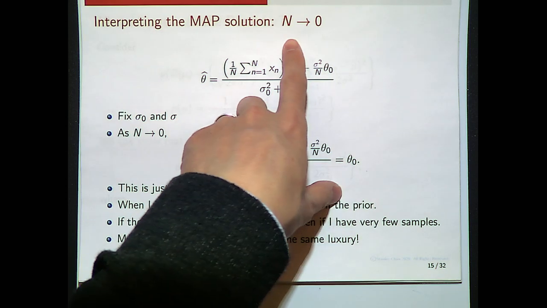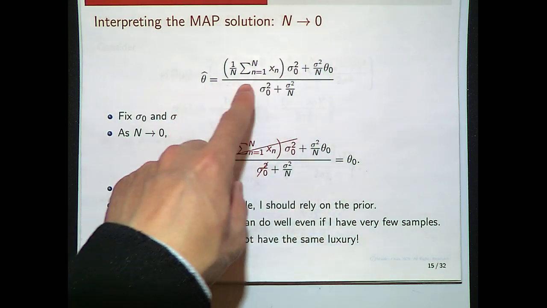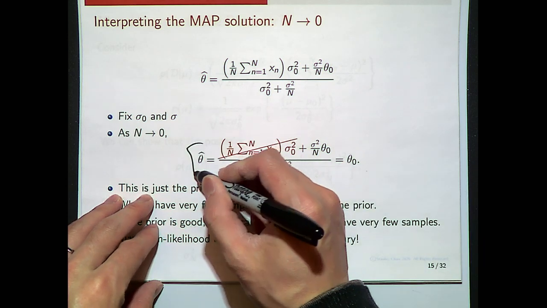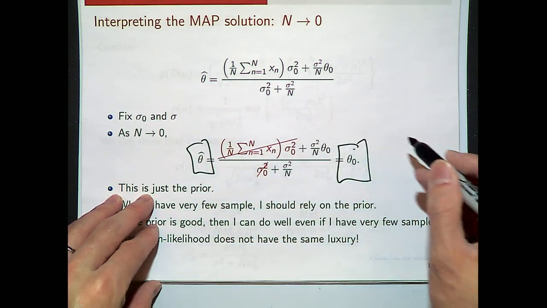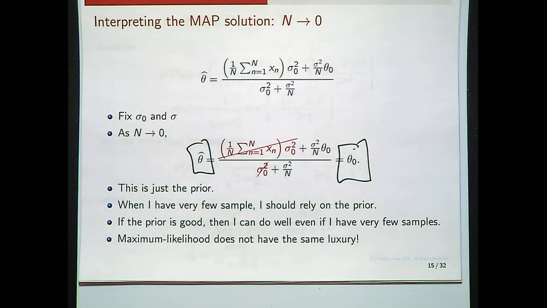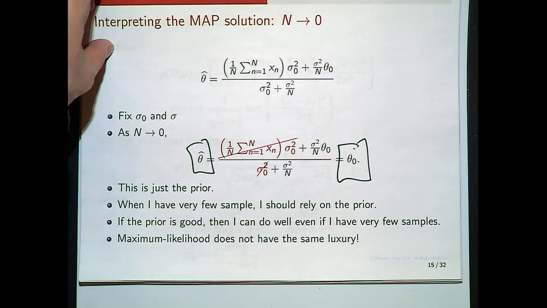On the other extreme, when n goes to 0, you can cancel out a lot of terms, and then you can show that your theta has to be theta 0. So when will this happen? n going to 0 means that you don't even have a measurement at all. You haven't gone to the lab bench to collect the data. Then what should be the estimate? Just use your prior knowledge. That is the interpretation of this result.